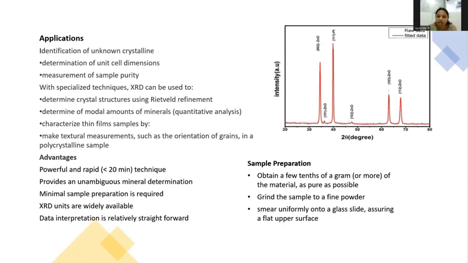There are dedicated software such as X'Pert HighScore, and Rietveld refinement analysis can be done, where you can compare the pattern you have received to existing patterns. There is already a library of XRD patterns stored in these software.